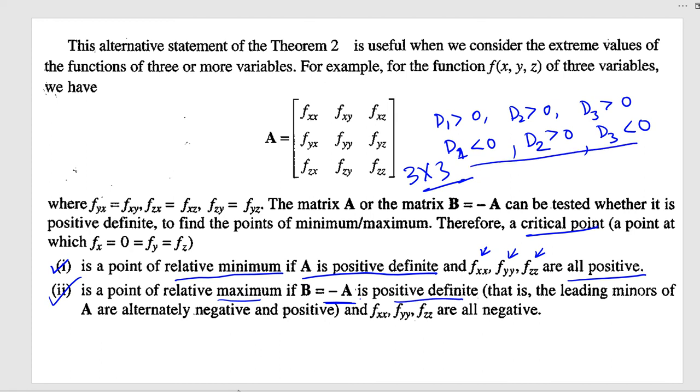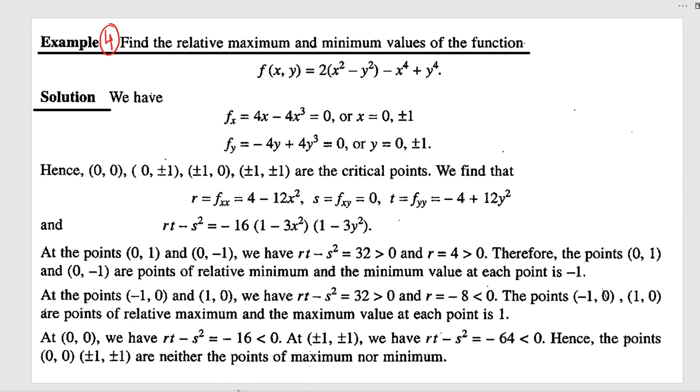In fact, you can say it this way also. That means if you multiply with -1, you will get this, right? So for example, if you try to calculate the maximum or minimum value for this function, first you have to find out the critical points.